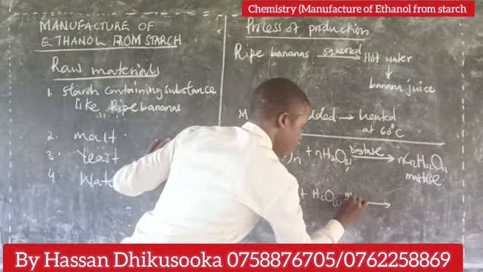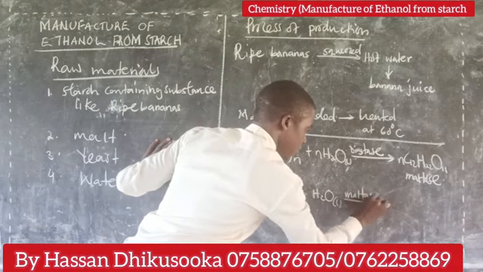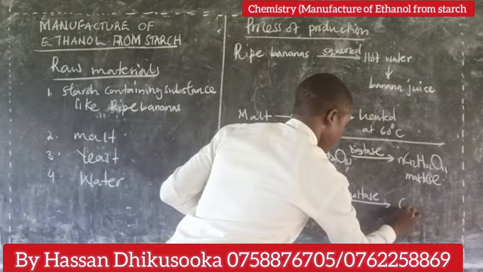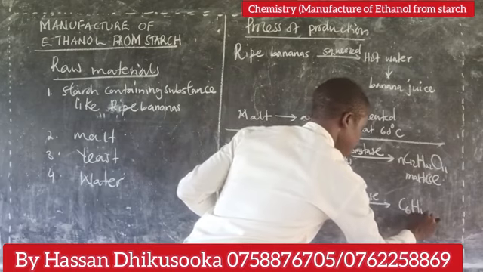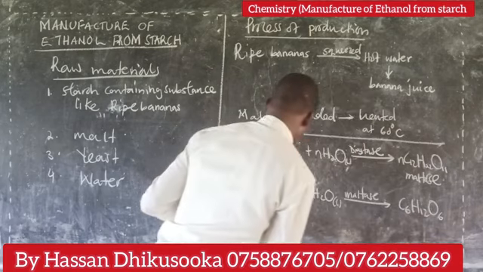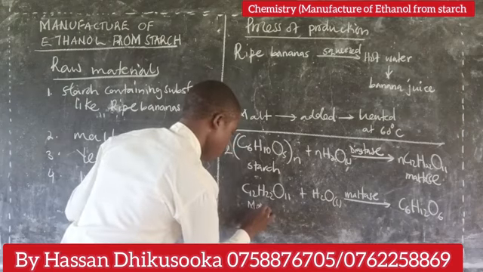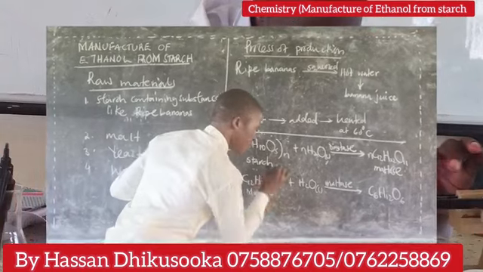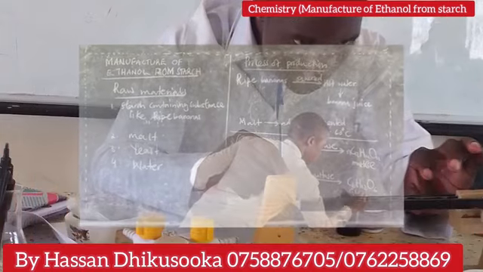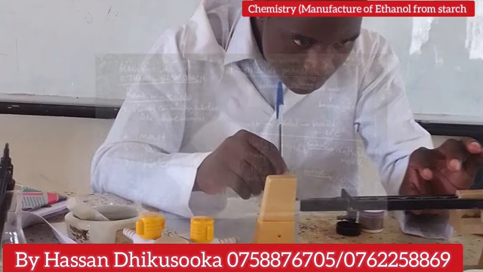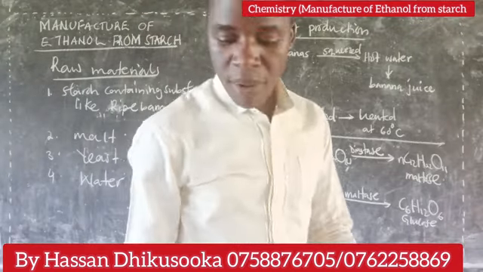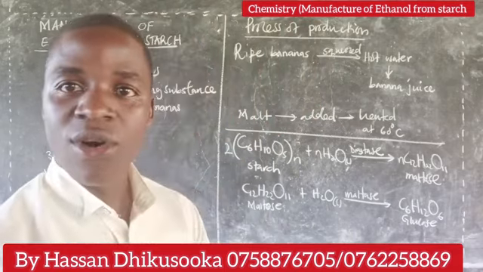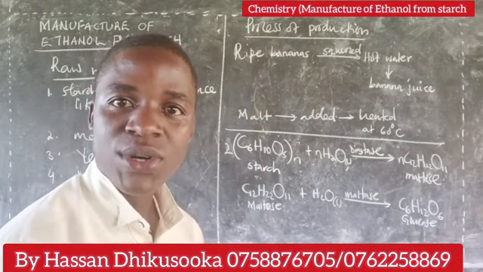Then the maltase, the enzyme that catalyzes that hydrolysis, forms a substance that we call glucose. So this is maltose, then glucose. So maltase catalyzes the hydrolysis of maltose to glucose.